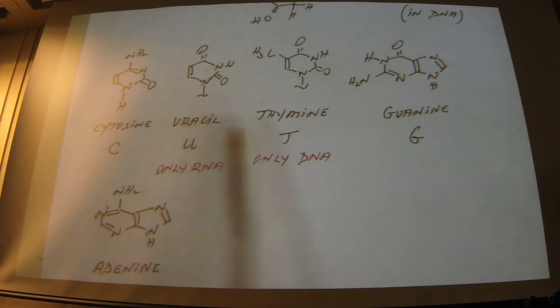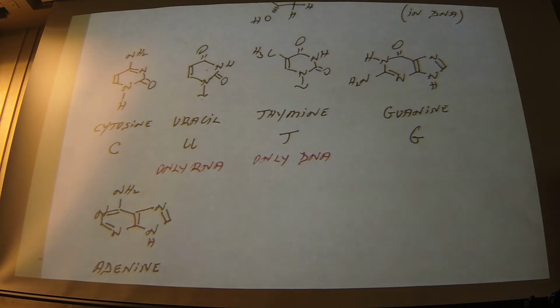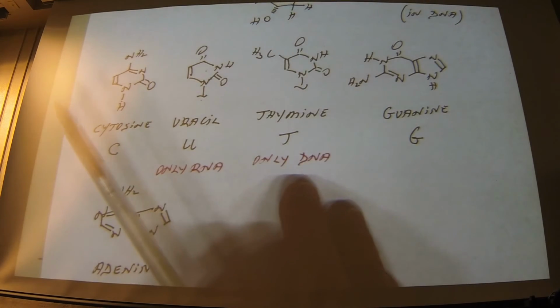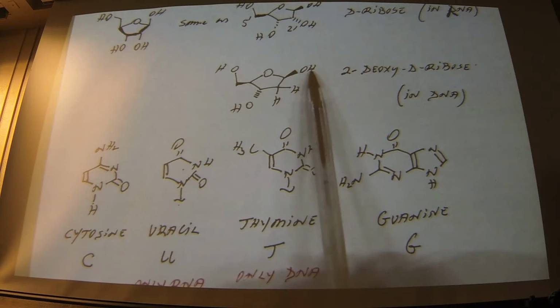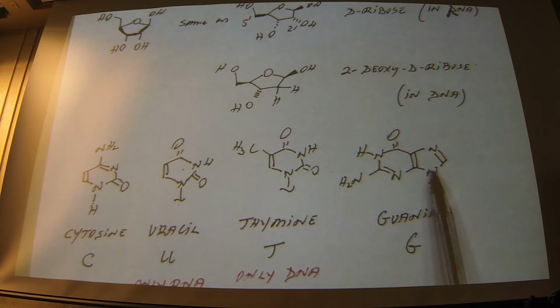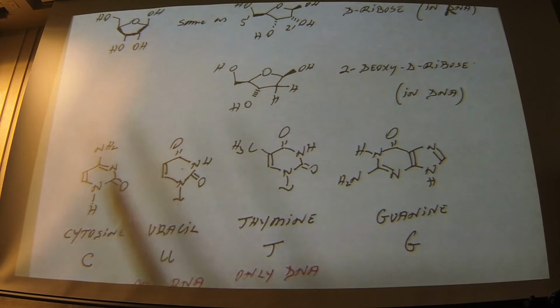T and C are only in DNA, and this only appears in RNA. And so the two macromolecules, DNA and RNA, are very, very similar, but they do have some differences as shown. So imagine now for DNA that you have this sugar, but instead of having an oxygen atom, you have this nitrogen. So you have a bond from this nitrogen to that carbon. Okay?